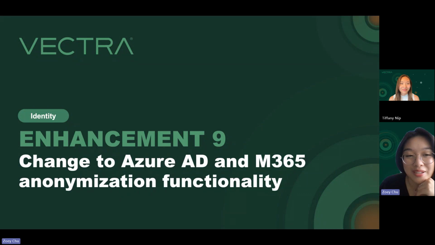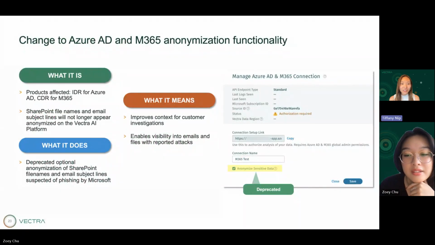All right, I think this is our last one. Another identity enhancement: changes to the Azure AD and M365 anonymization functionality. What is this? Sure. So previously, SharePoint file names and email subjects were anonymized if they were suspected of phishing by Microsoft. What we've done is that now they will no longer be anonymized.